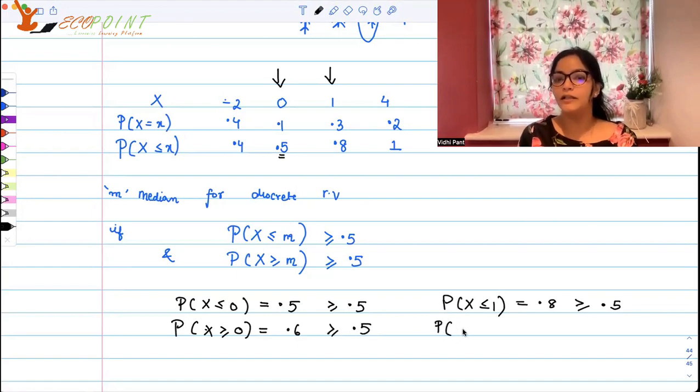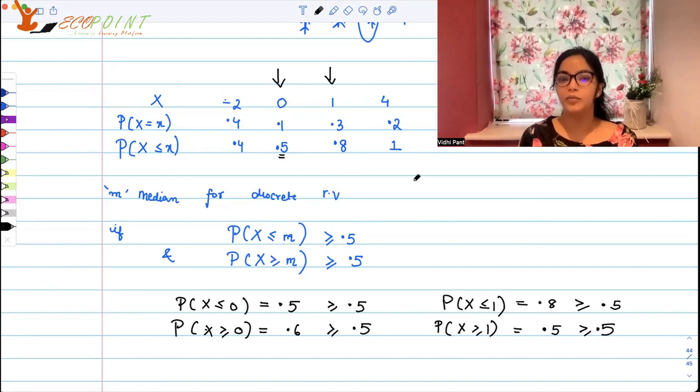And probability x is greater than or equal to 1 is equal to 0.3 plus 0.2. That is 0.5, which I can also take as greater than or equal to 0.5.